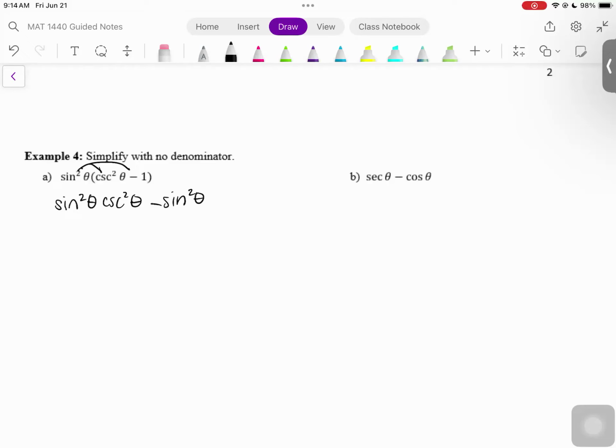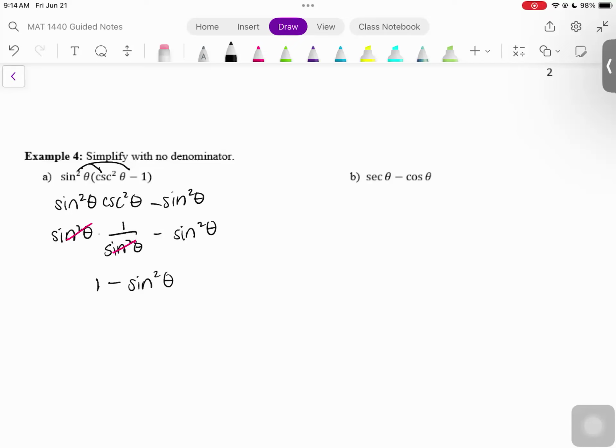Remember, the reciprocal for cosecant is sine. So we've got sine squared theta times, cosecant squared theta is equal to 1 over sine squared theta, minus sine squared theta. We can simplify our first term, those factors of sine squared theta simplify to 1. So we have 1 minus sine squared theta.